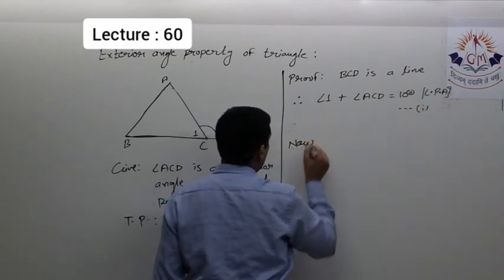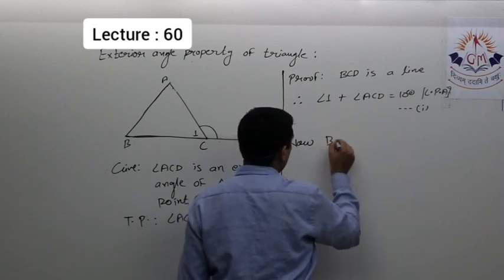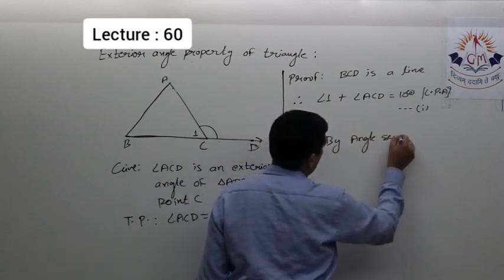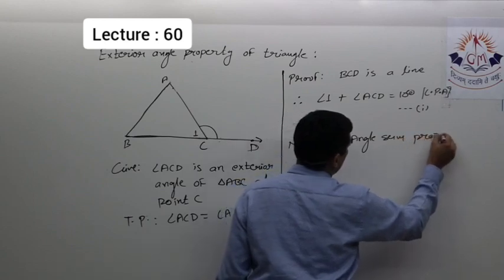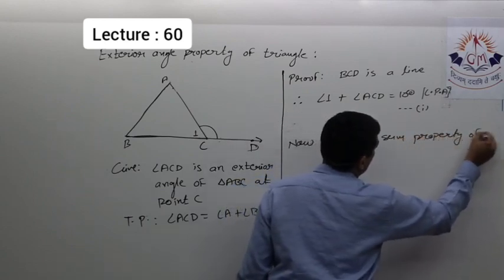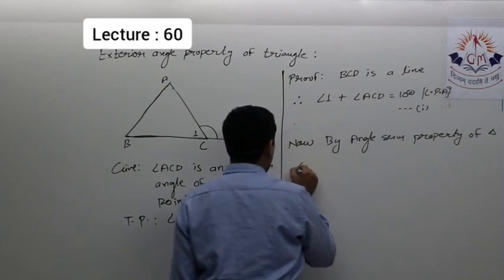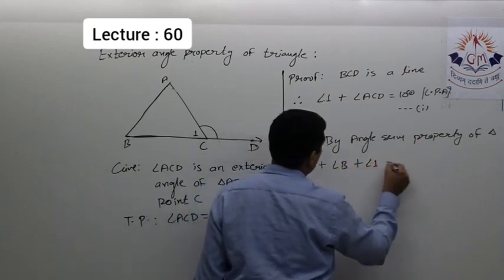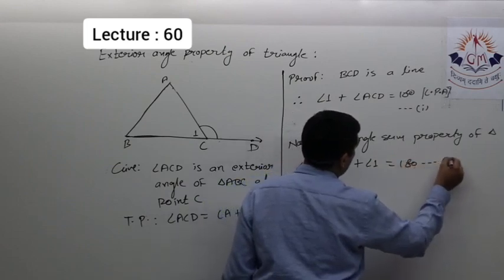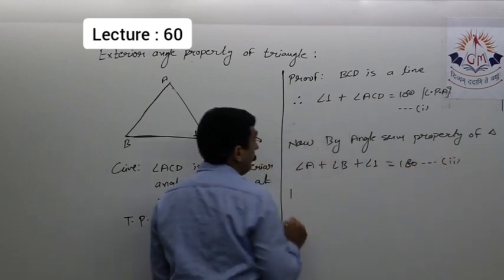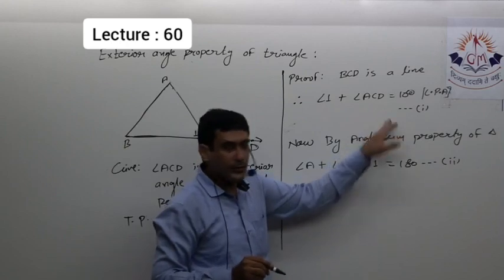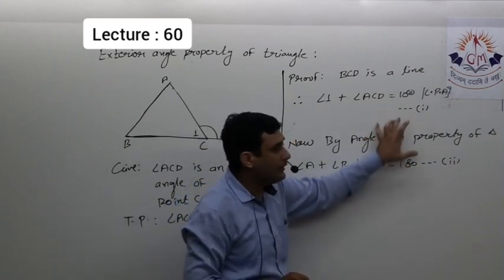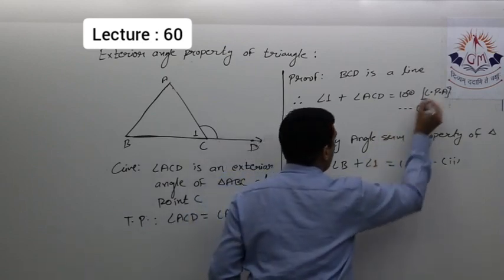Now by angle sum property of triangle, angle A plus angle B plus angle 1 is equal to 180 degree. Let this be second. Now in first, right hand side is 180 degree, in second equation right hand side is 180 degree. As their right hand sides are equal, obviously their left hand sides will be equal.